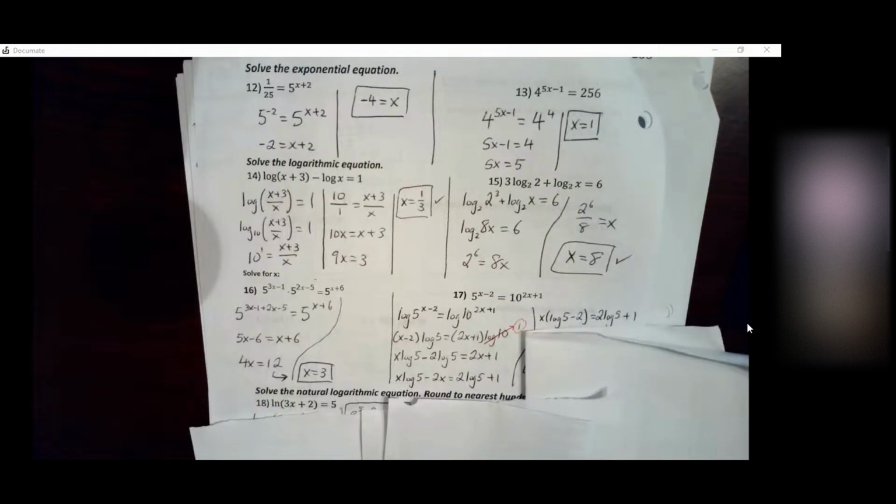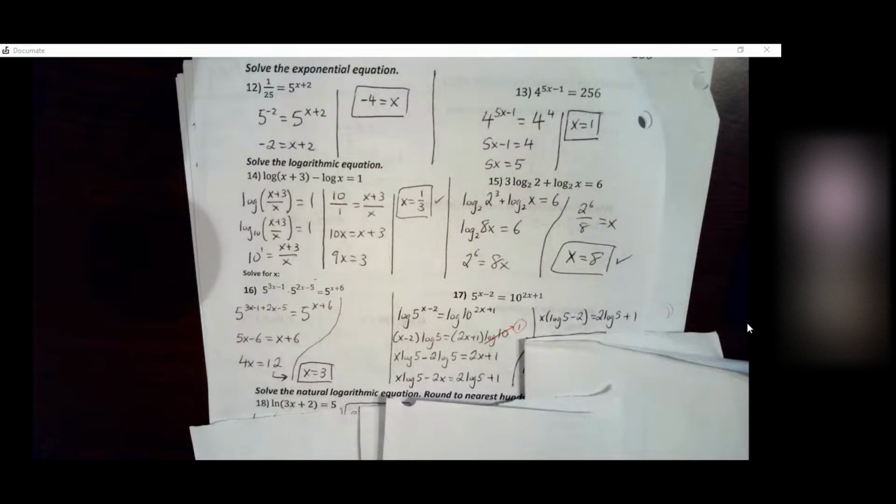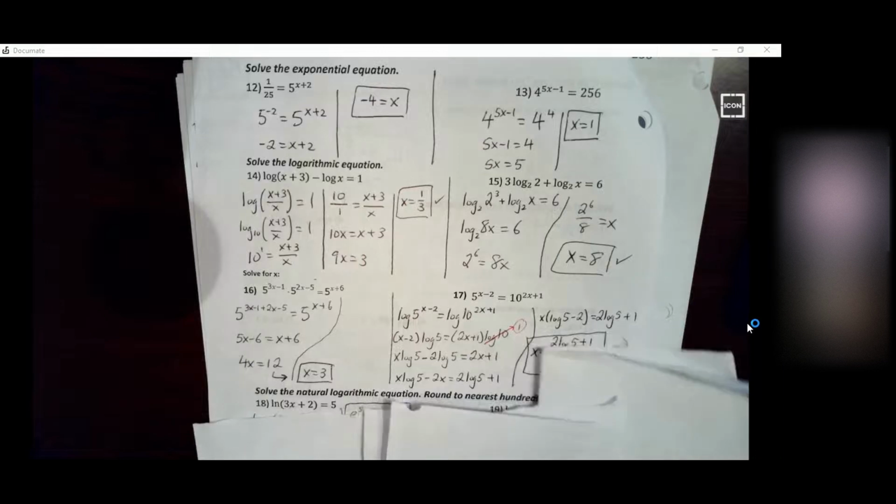Good. And you can take an x out, and then you get x times log 5 minus 2 equals 2 log 5 plus 1. So x equals 2 log 5 plus 1 over log 5 minus 2.